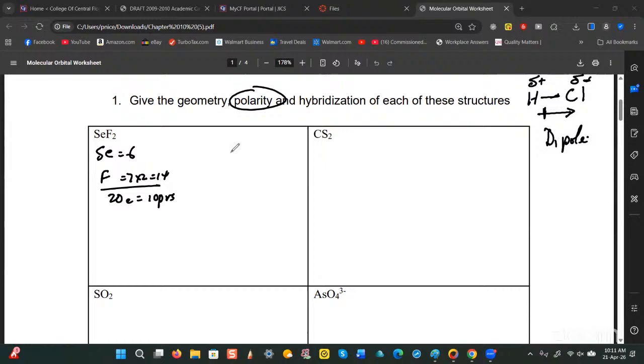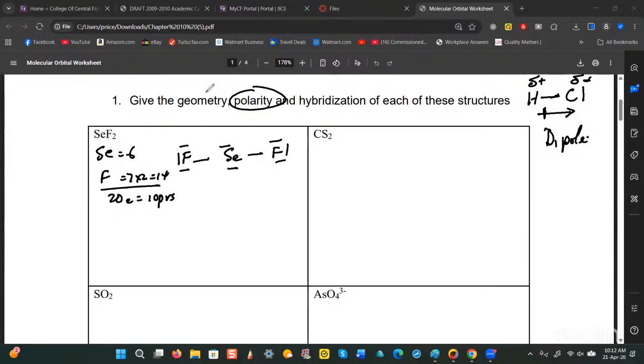Then we put the selenium in the middle, surrounded by the fluorines, and put the bonding pairs: 1, 2, 3, 4, 5, 6, 7, 8, 9, 10. So that would be the Lewis structure of selenium difluoride.